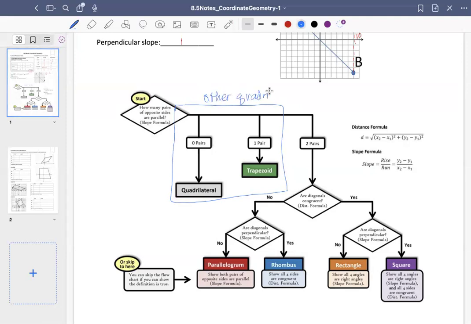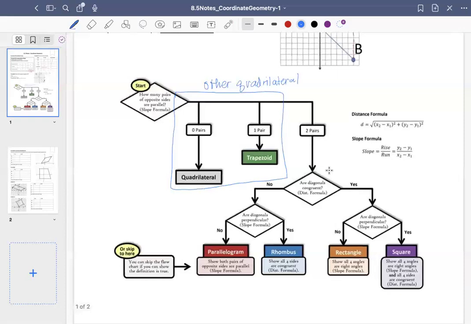We're not going to go too super hard into kites or trapezoids for this. And then if it has 2 pairs of parallel sides, we are going to be using this bottom row. So you can ignore that middle branch about diagonals. So we're going to the bottom row if there's 2 pairs, and then we'll be looking at the distinct differences between rhombuses, rectangles, squares, parallelograms, to give us the most precise name.